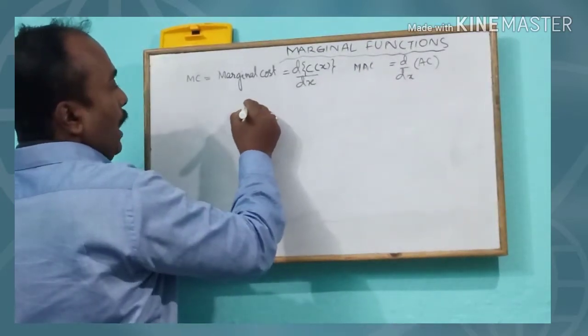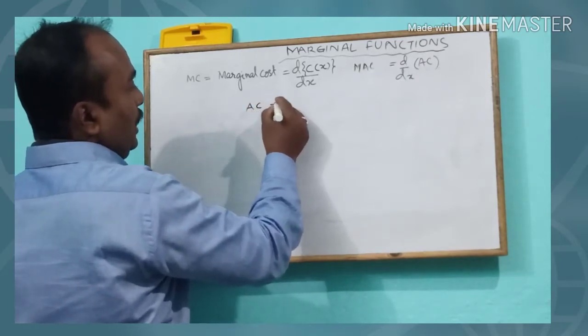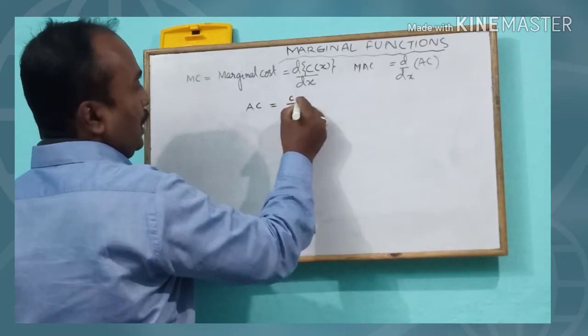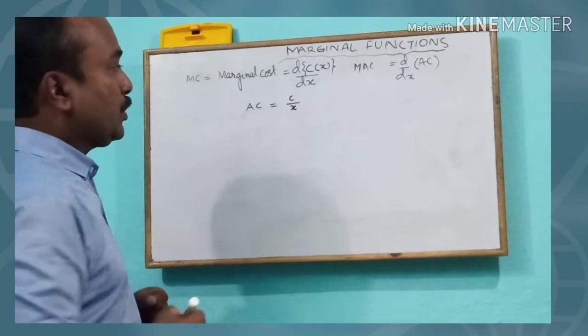We know average cost is given by total cost by number of units produced.